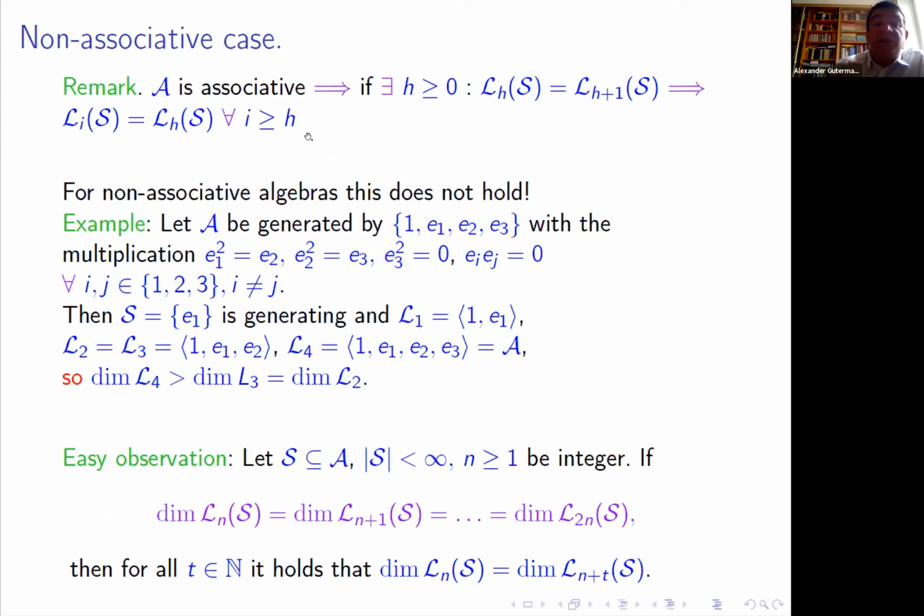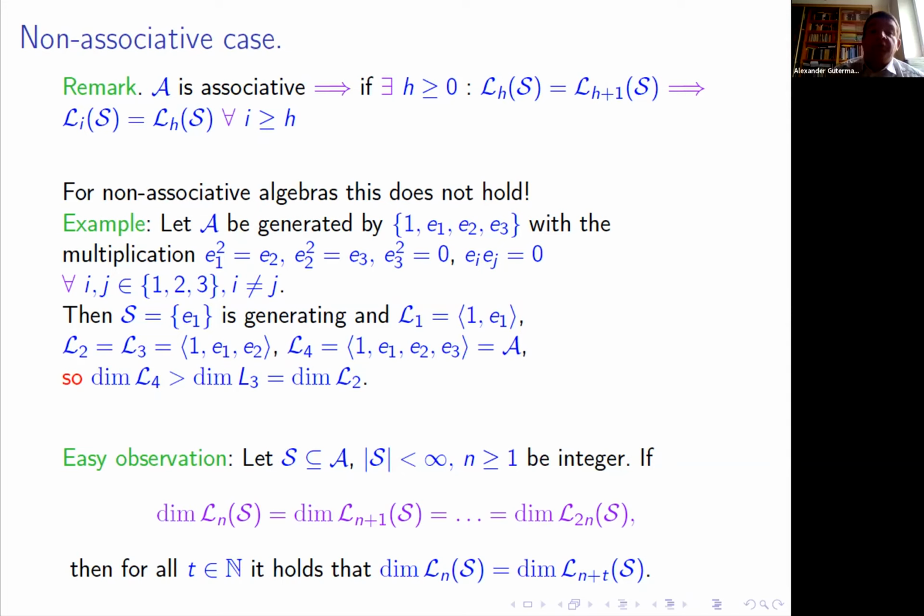As we have already mentioned, coincidence of two subsequent LIs will not lead to complete stabilization in general in the non-associative case. Let me just remind you of this. But you may ask the following natural question.